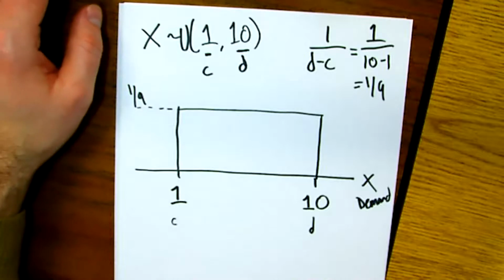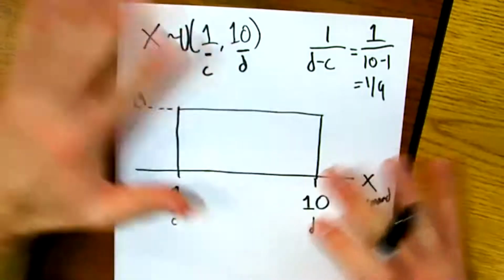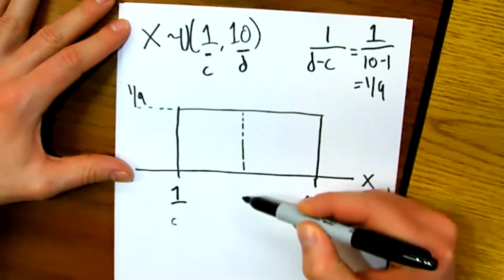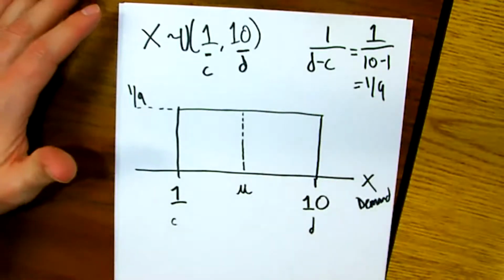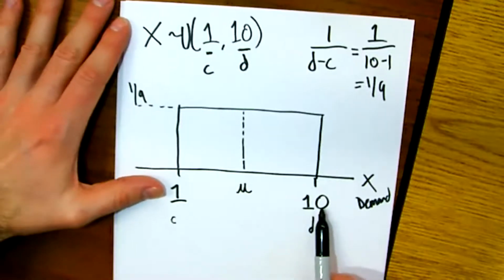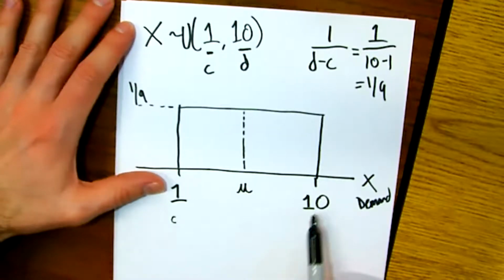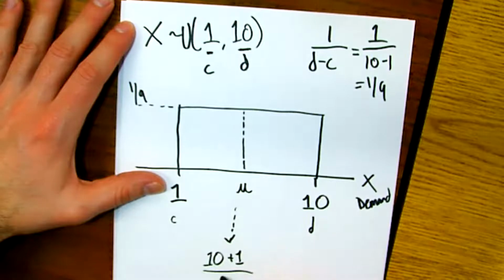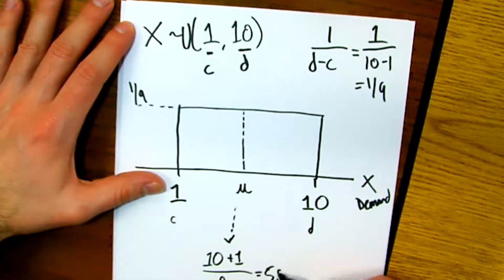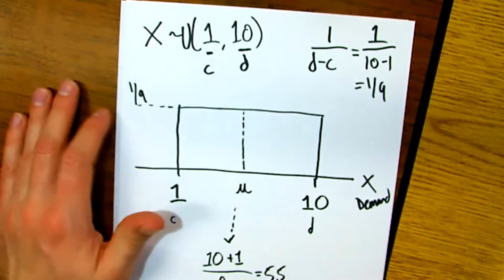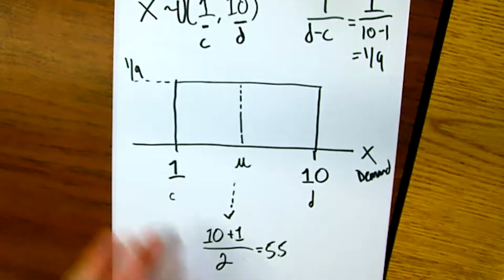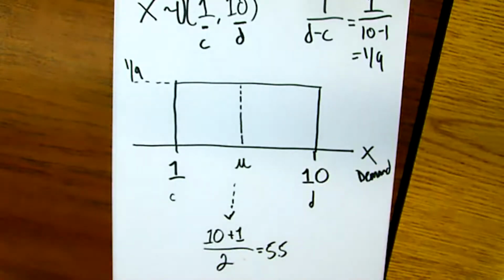If I'm looking for the mean, and that just sets me up for some future stuff as well, it's going to be the value that exactly splits this distribution in half, which would just be the middle point between your maximum and your minimum. So this would be 10 plus 1 divided by 2, or 5.5, or maximum plus the minimum divided by 2. I'm just finding the average of the maximum and the minimum there.